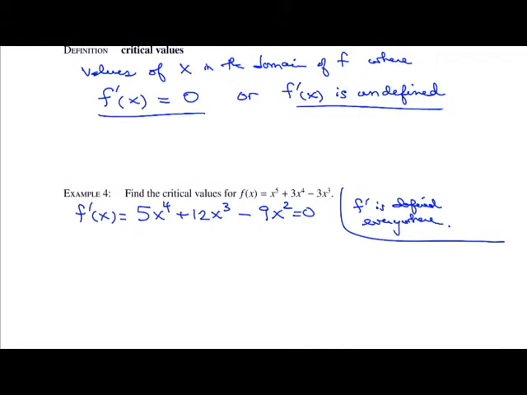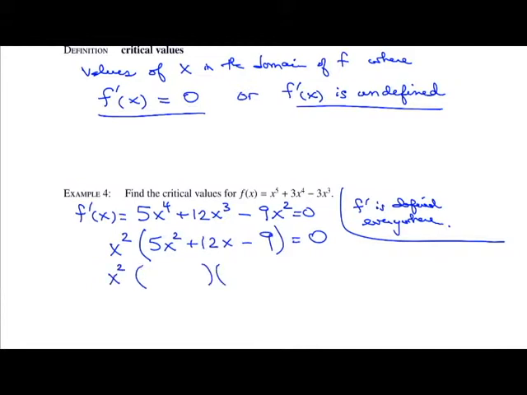What can you factor from all three terms? X squared. That leaves me with 5x squared plus 12x minus 9 equals 0. Then you want to try to factor 5x squared plus 12x minus 9.